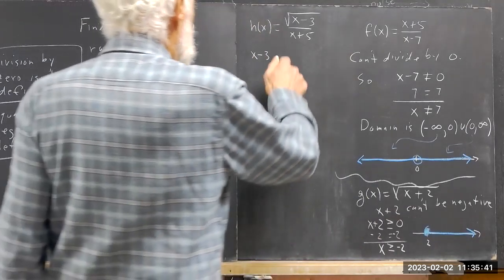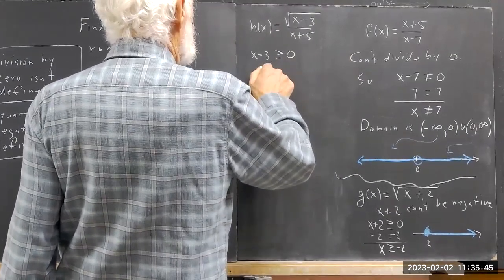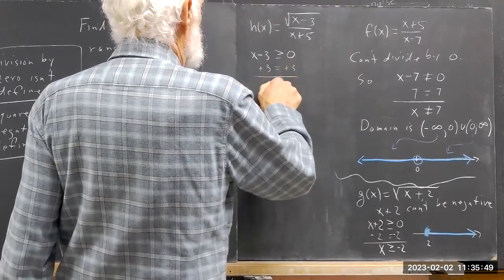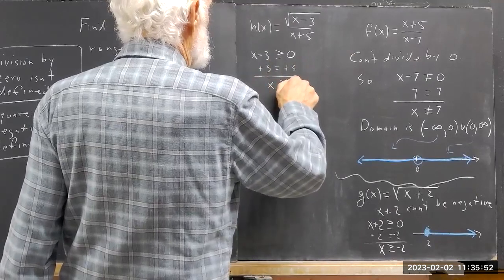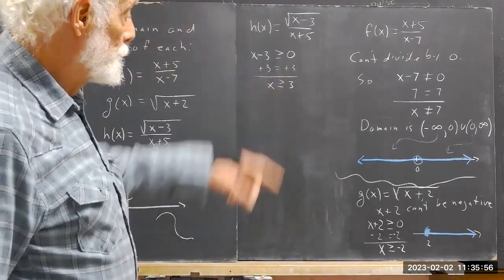So x minus 3 has to be greater than or equal to 0. So you add 3, and you get x greater than or equal to 3.